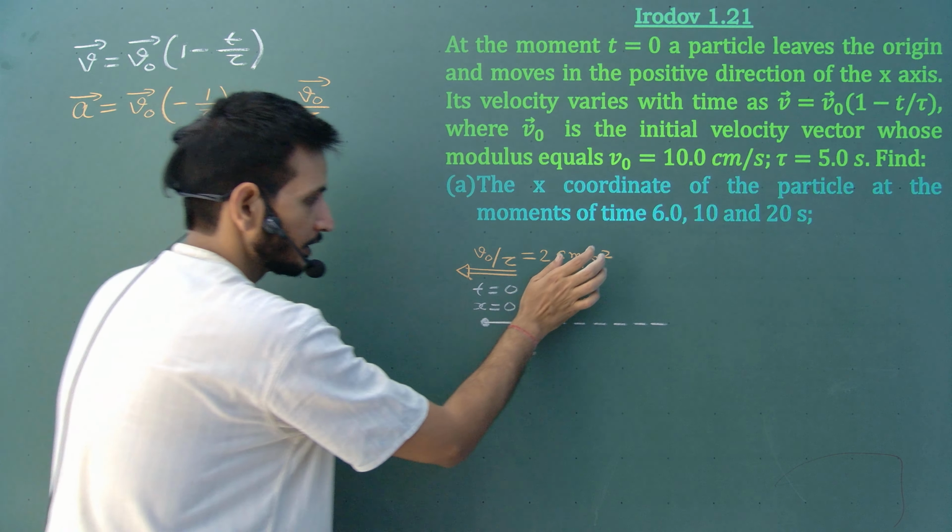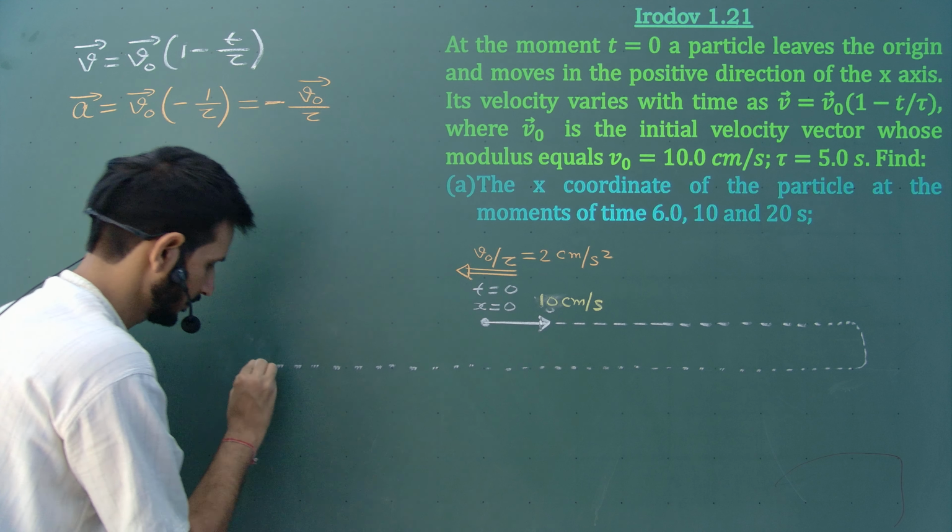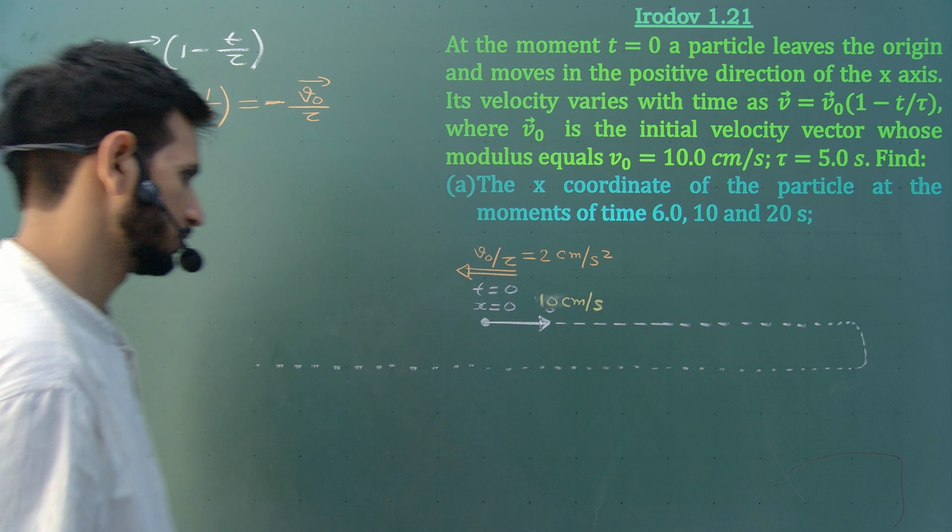So this is a very known question in which the velocity and acceleration are in opposite directions. So what kind of motion will it follow? It will go further away, stop at an instant and then come back.